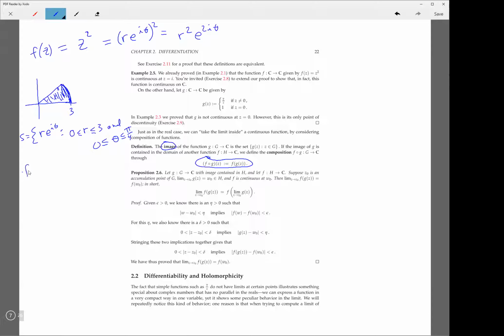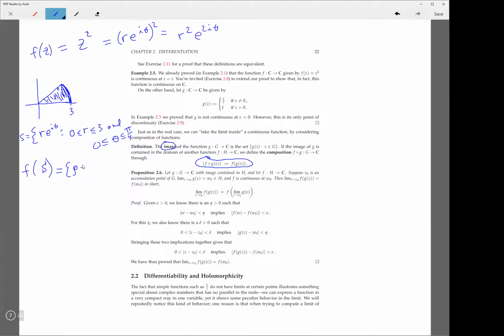If I were to take f of S, each of these points is going to square the radius, and it's going to double the angle.